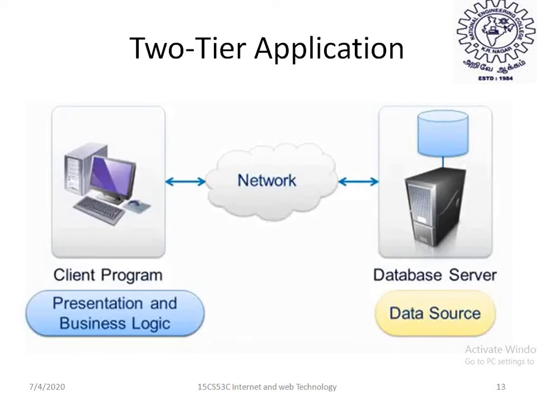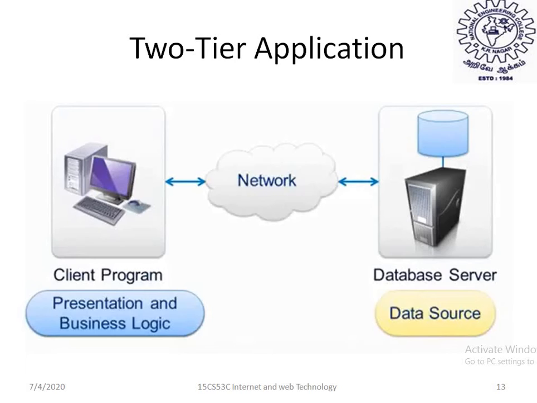The example for 2-tier architecture is, if you are going to see a result of any student, the student should provide his roll number or register number in the web client. The register number will get processed and provide a response back to the client.